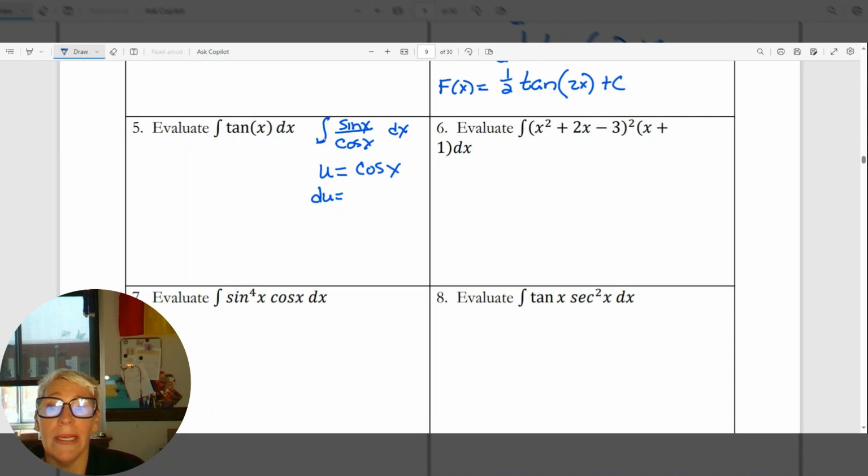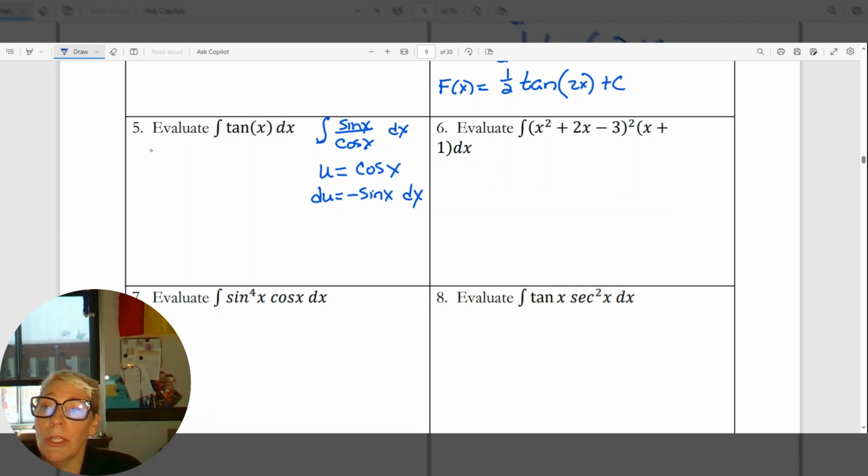So even though I want to do the antiderivative, I need to take a derivative. If my u is cosine, I'm now taking the derivative of cosine, which is negative sine. And once again, I'm going to chain on that derivative, that was a derivative with respect to x.